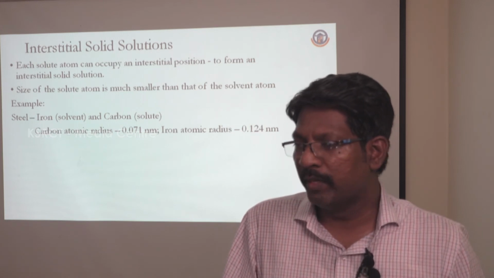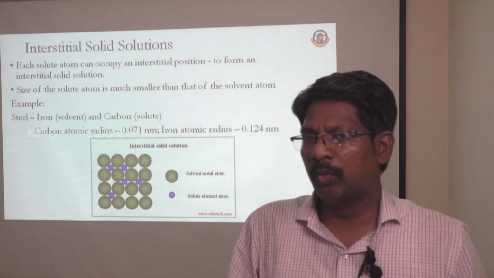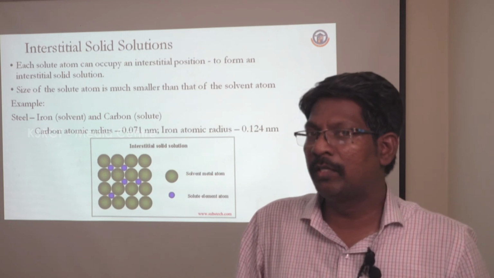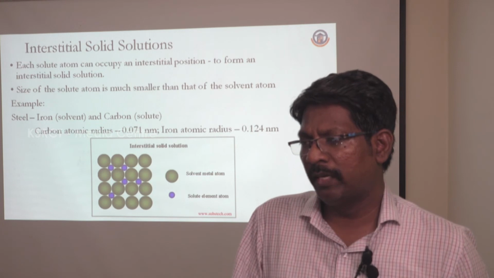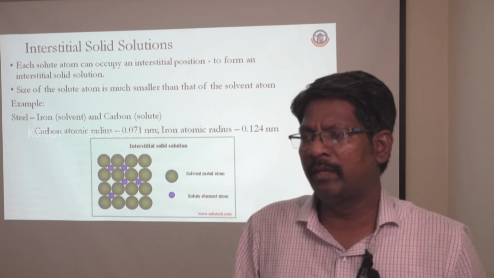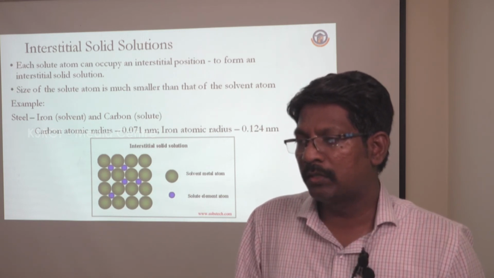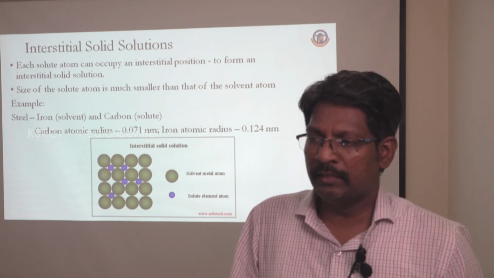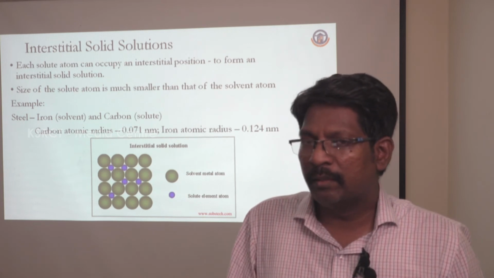So let me show an image of what we discussed in the previous slide. Now we can understand how this interstitial solid solution is formed. Let me take the example here. The green balls are the solvent atoms, which is nothing but the iron, and the smaller blue balls are the solute atoms. The solvent atoms are arranged in a certain pattern.